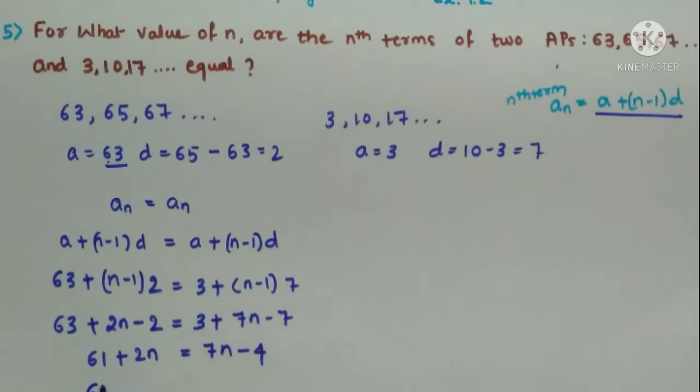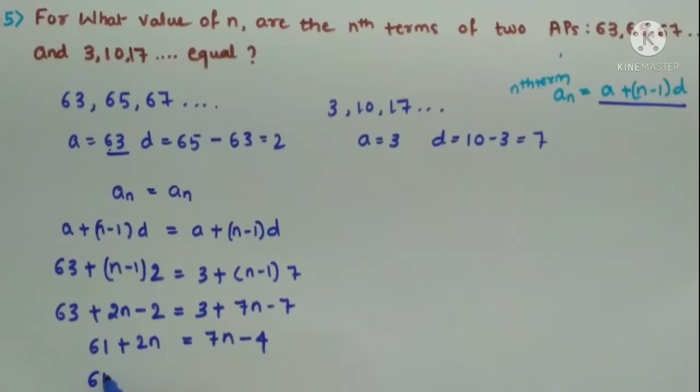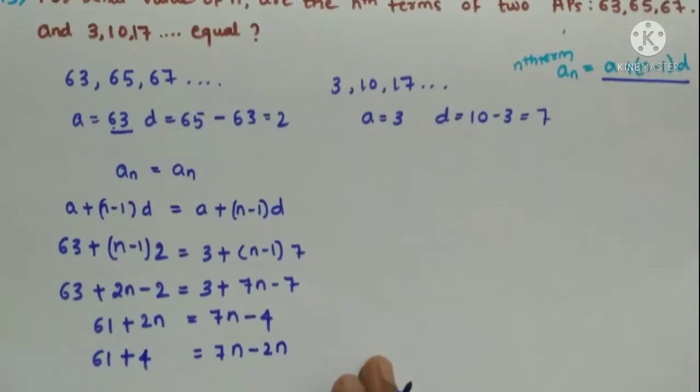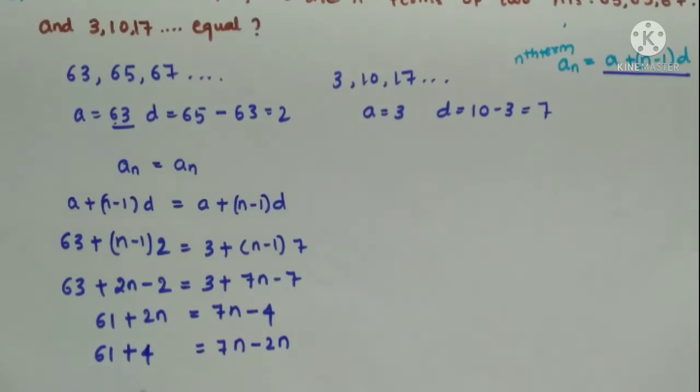So better you transfer 2n to the right side, minus 4 to the left side. So 61, this minus 4 if I transfer to the left side, it will become plus 4. 61 plus 4 is equal to 7n, this 2n I'll transfer to the right side, minus 2n. Now 61 plus 4 is 65, equal to 7n minus 2n is 5n.